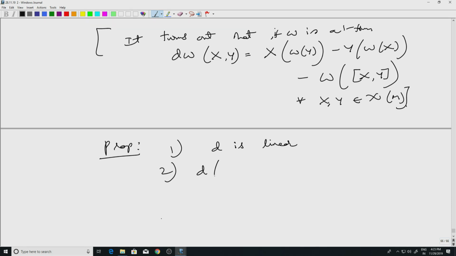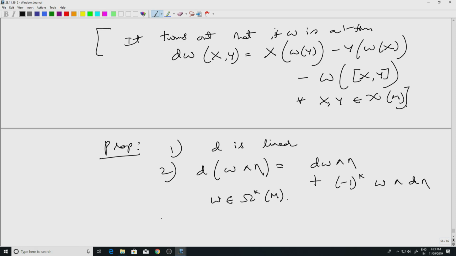The second property: d satisfies d of omega wedge eta equals d omega wedge eta plus minus 1 to the power k, omega wedge d eta, where omega is a k form and eta is an l form.